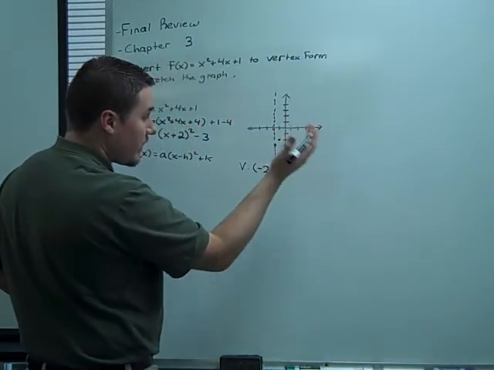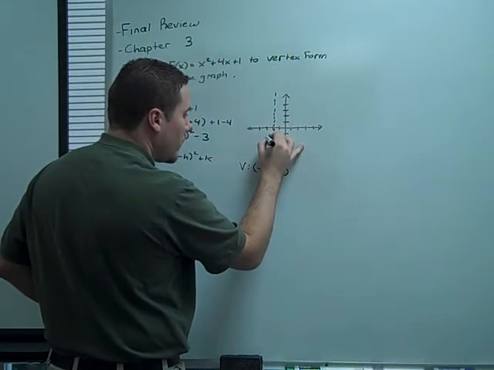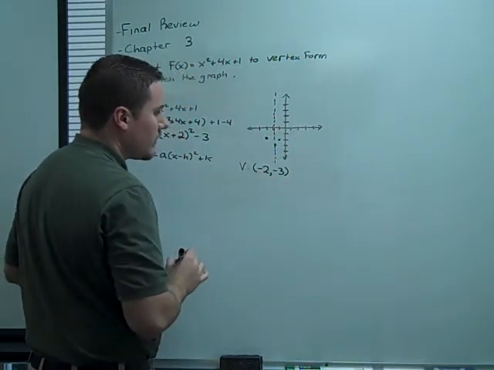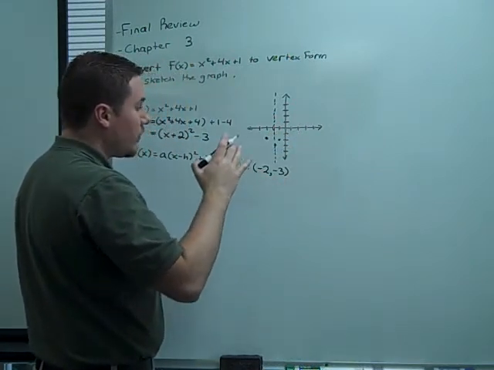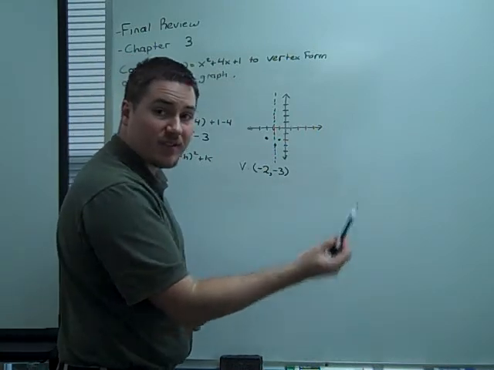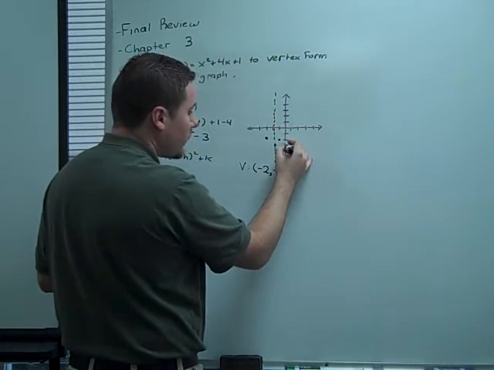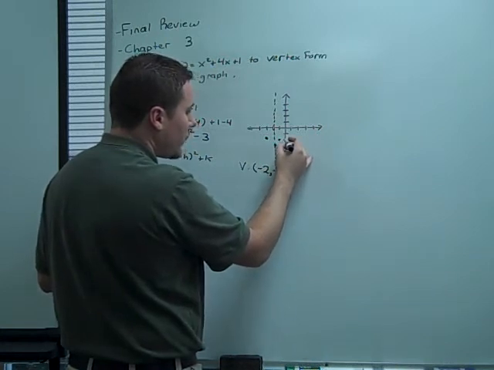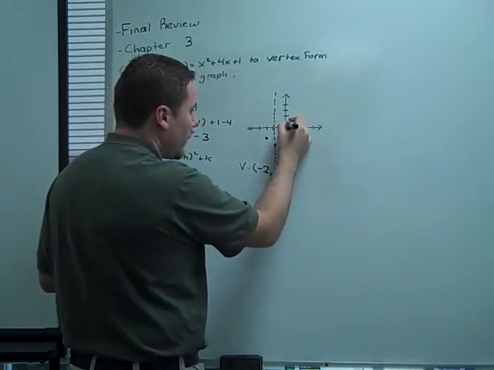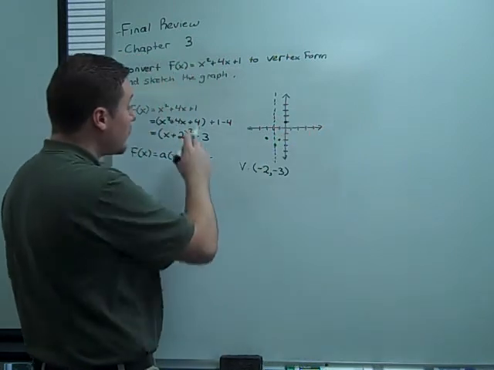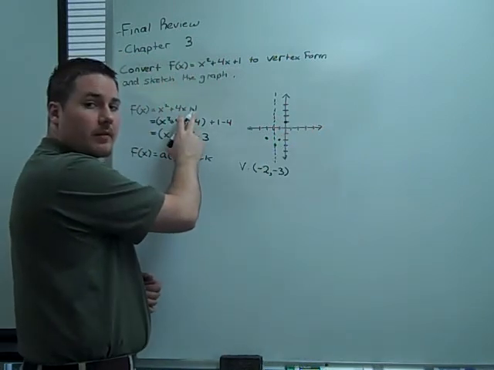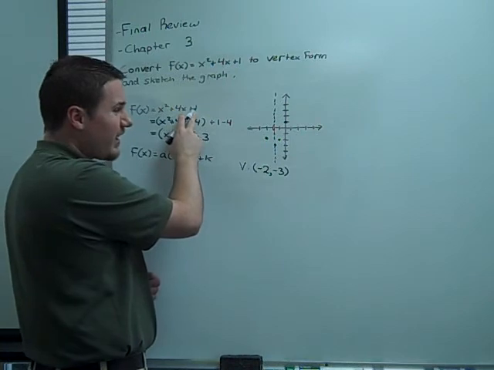And because it's symmetric, I can go over 1, up 1 negatively too. Now, I can go over 2, up the square of 2, so that's over 2, up 4. So over 1, 2, up 1, 2, 3, 4, and that's at 1, which is my y-intercept. So I'm on the right track here.